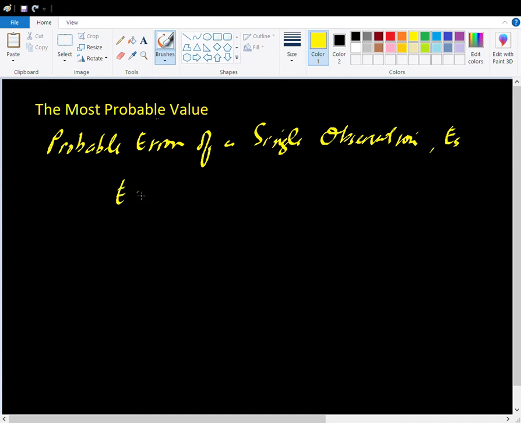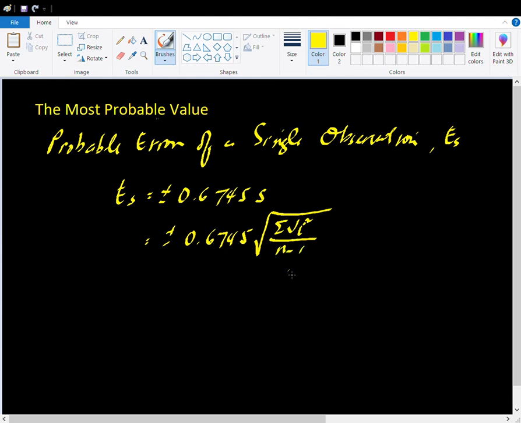And E sub s, using the theory of probability, is equal to plus minus 0.6745 times the standard deviation s, or plus minus 0.6745 times the square root of summation Vi squared all over n minus 1. This indicates the degree of precision which may be expected in any single observation made under the same condition.